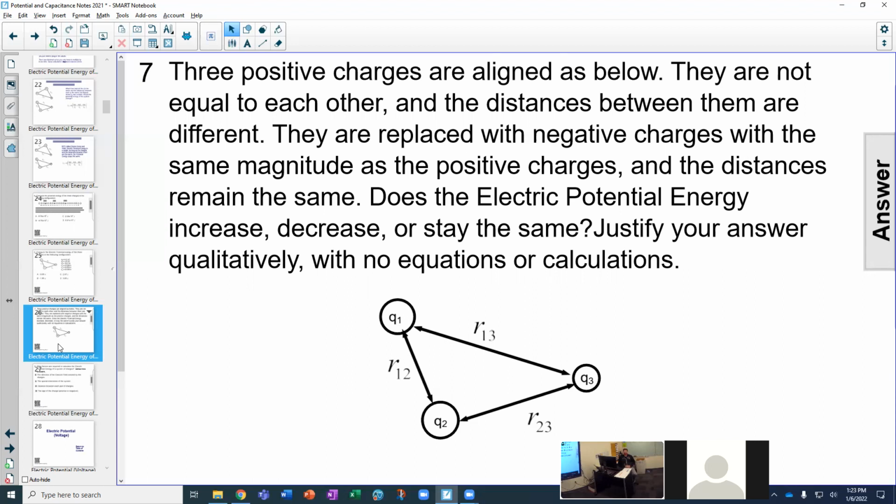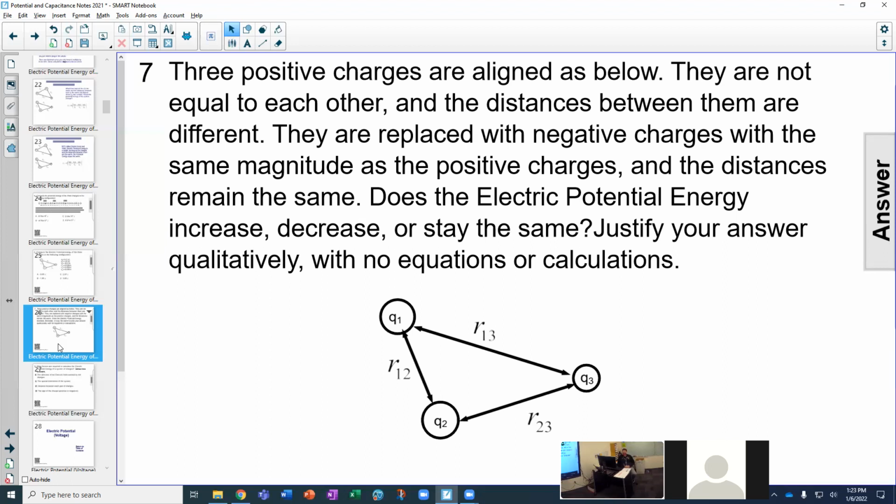What do you think? Any ideas? Jason, you look like you had a thought right off the bat. Yeah, it's the same because if all of the particles are negative, then the signs will cancel out anyways because they're multiplied with each other first. Yeah.